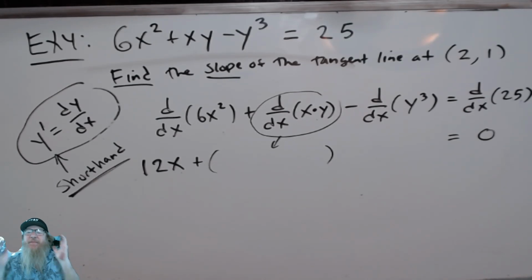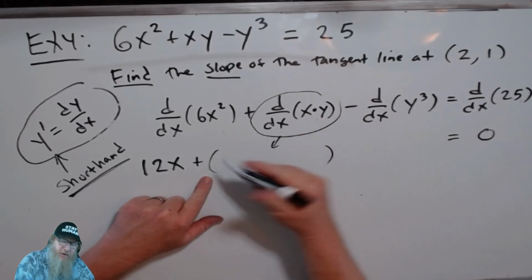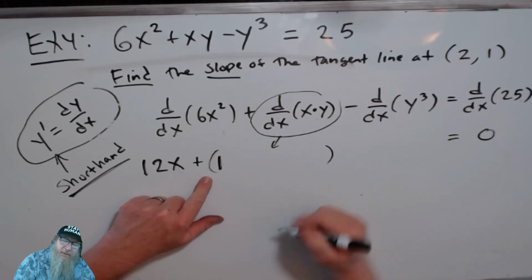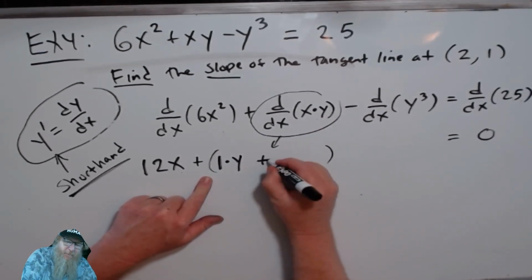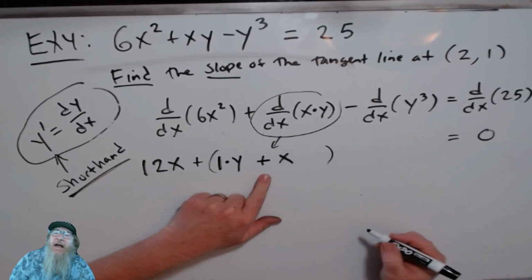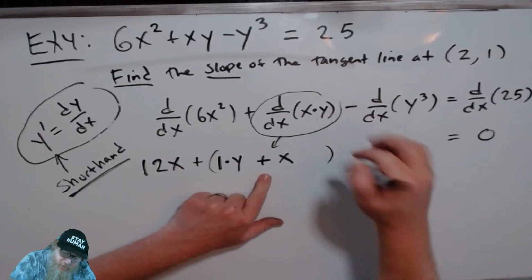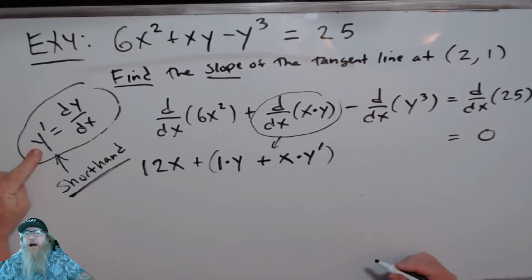I'm getting some parentheses ready for the product rule. So the derivative of the first is 1 times the second, y, plus the first, x, times the derivative of the second, which we're writing as y prime.